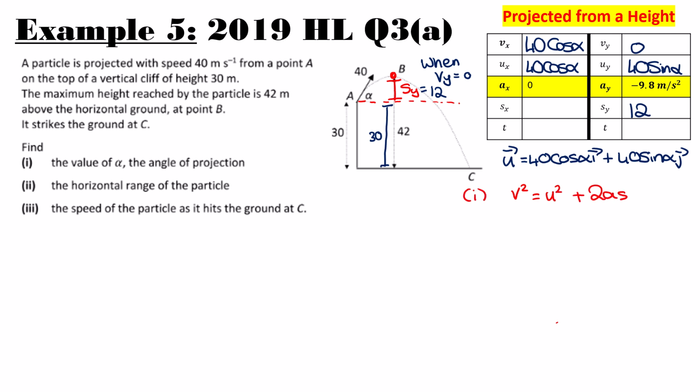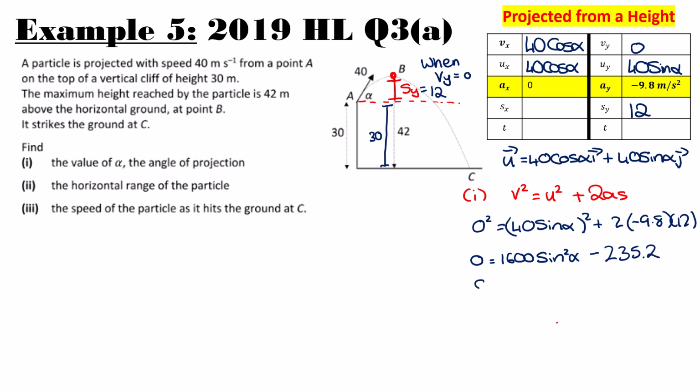So we have 0 squared equals (40 sine alpha) squared plus 2 times minus 9.8 times 12. So 0 equals 1600 sine squared alpha minus 235.2.